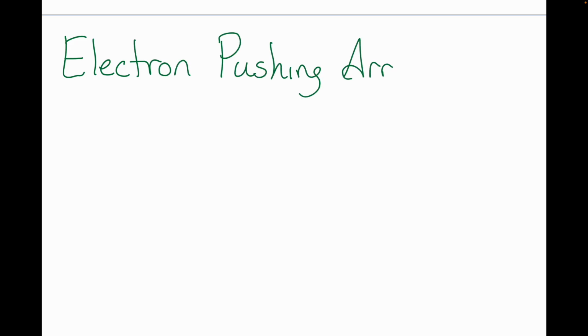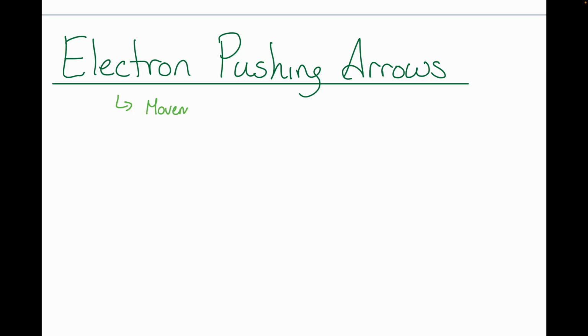So let's go ahead and start talking about these electron pushing arrows. The whole purpose of these electron pushing arrows is to show the movement of electrons in a chemical reaction.